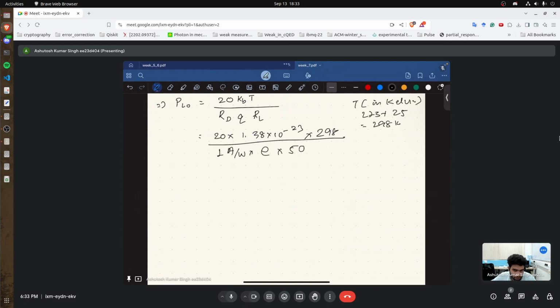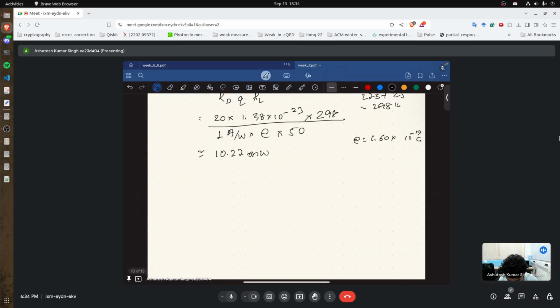Let me just pull up my calculator and see what the numbers are. Into 50, which comes out around 10.27 milliwatts. Where the value of q that I have used is the electron charge, which is 1.60 into 10 to the power minus 19 coulombs.